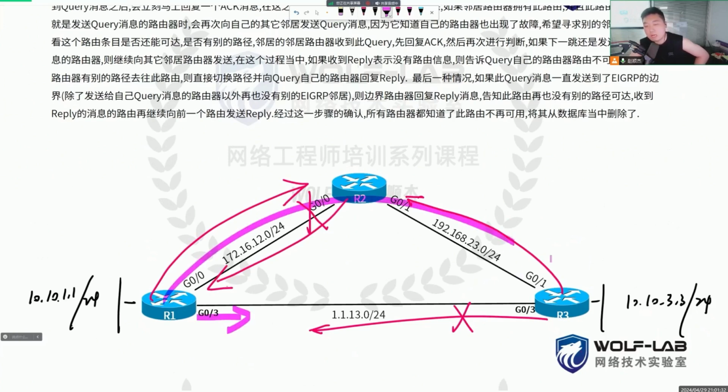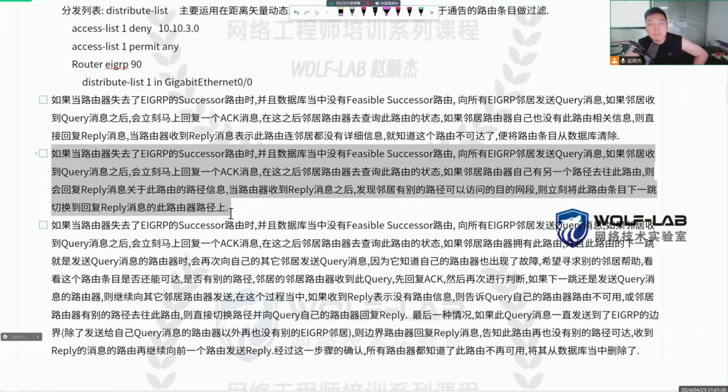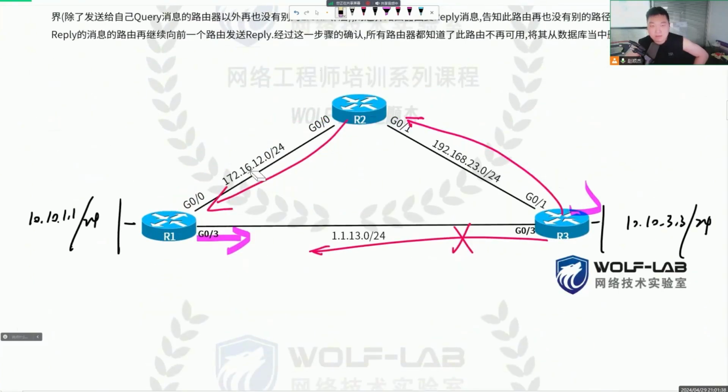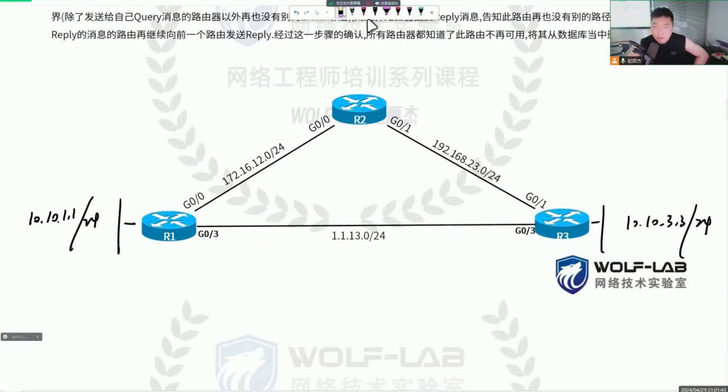For R2, 10.10.3.0 should go to R1. For R1, we choose the one from R3, the 10.10.3.0 route given to us. The next hop address is R3.